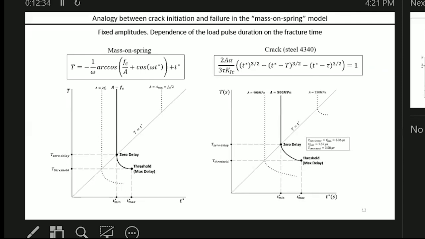You see the expressions which govern these dependencies, they're totally different. But qualitatively, they are the same. Here we can have fracture delay when fracture time is higher than the pulse duration, and here too.